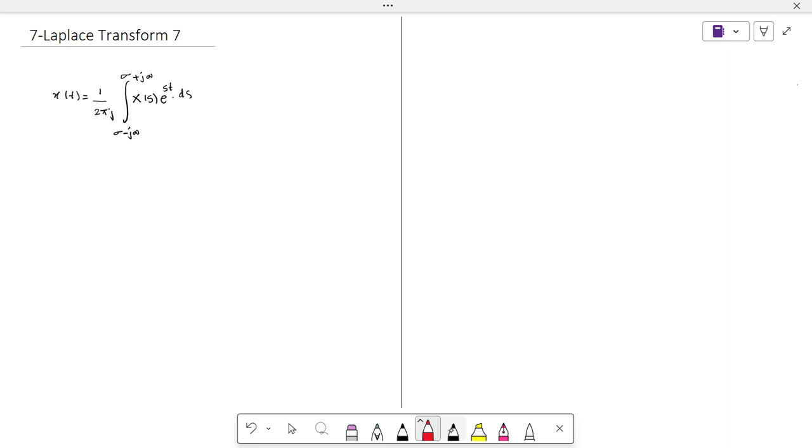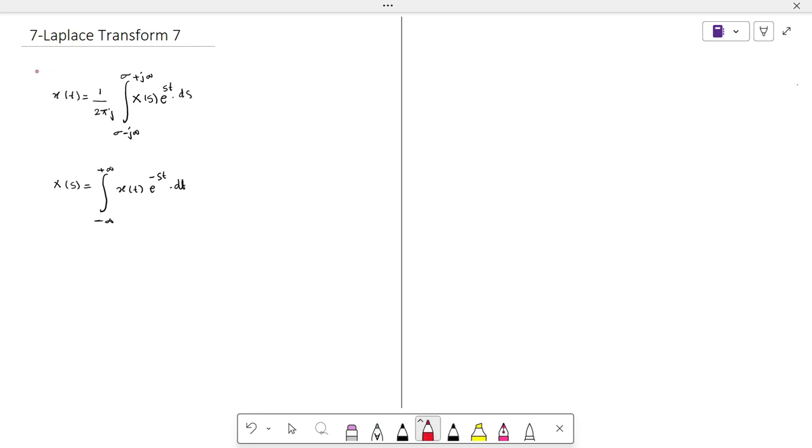Is it? And the Laplace transform formula is x of s equal to integral from minus infinity to plus infinity of x of t into e power minus st into dt.